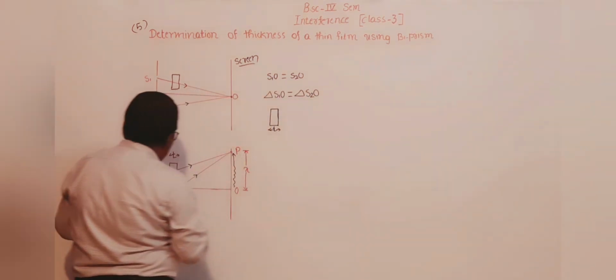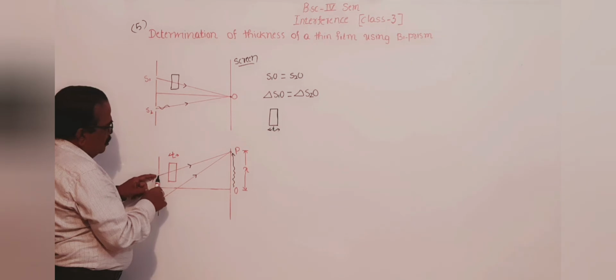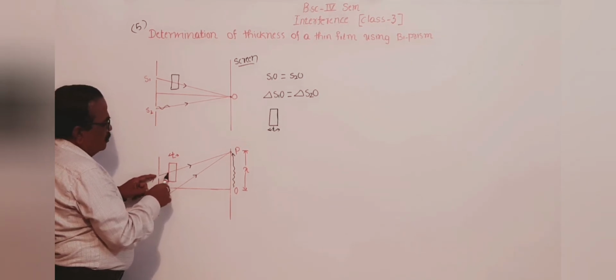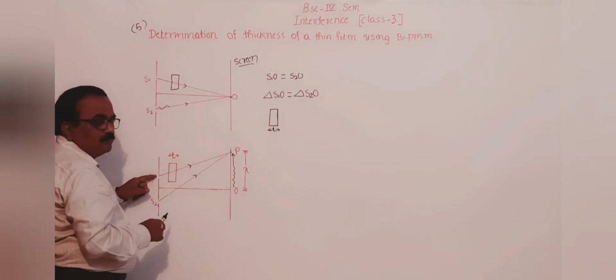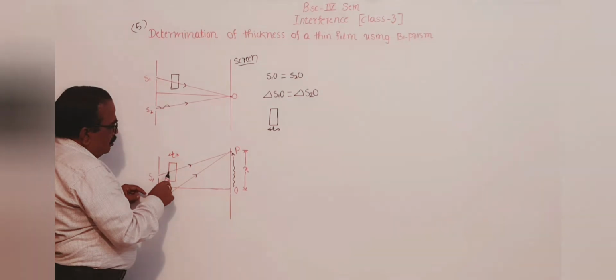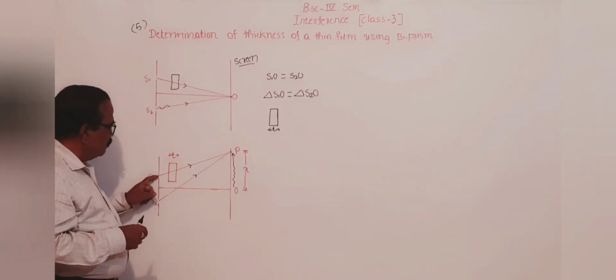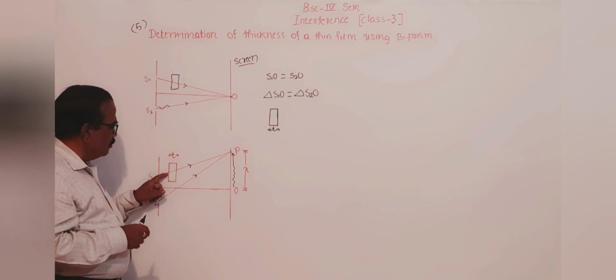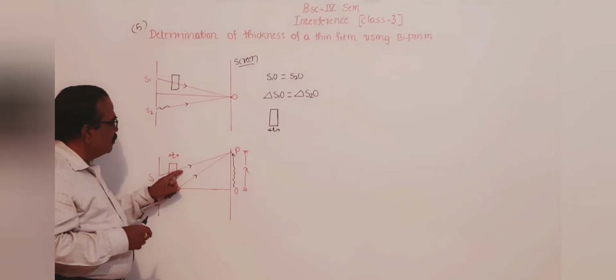Now the wave which is traveling from S1 travels from here to here in the air medium, again here to here in the air medium, and here to here it is in the glass medium. That means the wave enters from air medium to glass, and comes out from glass to air.